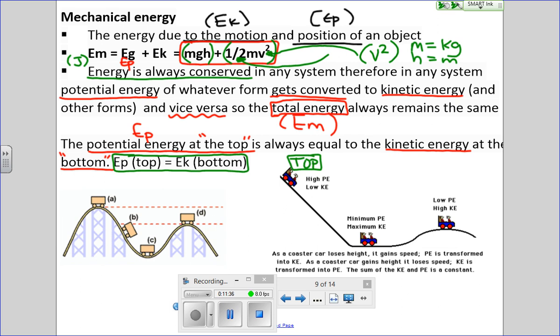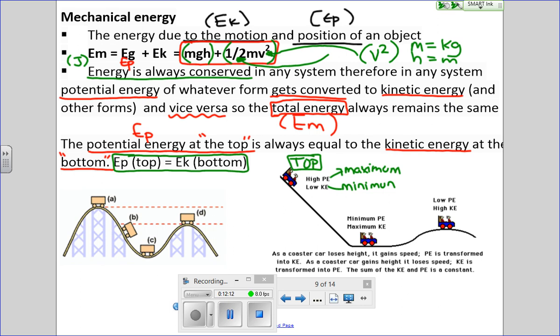So when the roller coaster is at the top of its track, the highest point, which in a roller coaster that functions properly should be the very first hill that it climbs. When the roller coaster is at the top and it hasn't started moving yet, it's just kind of paused there waiting to fall, we would have high, or sometimes I use the word maximum, potential energy, and low or minimum kinetic energy.